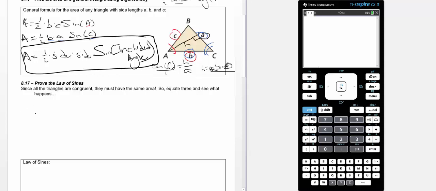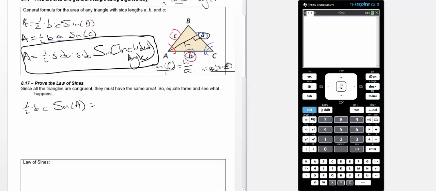So for instance, from angle A's perspective, the area of this triangle would be 1/2 times side B times side C times the sine of angle A.